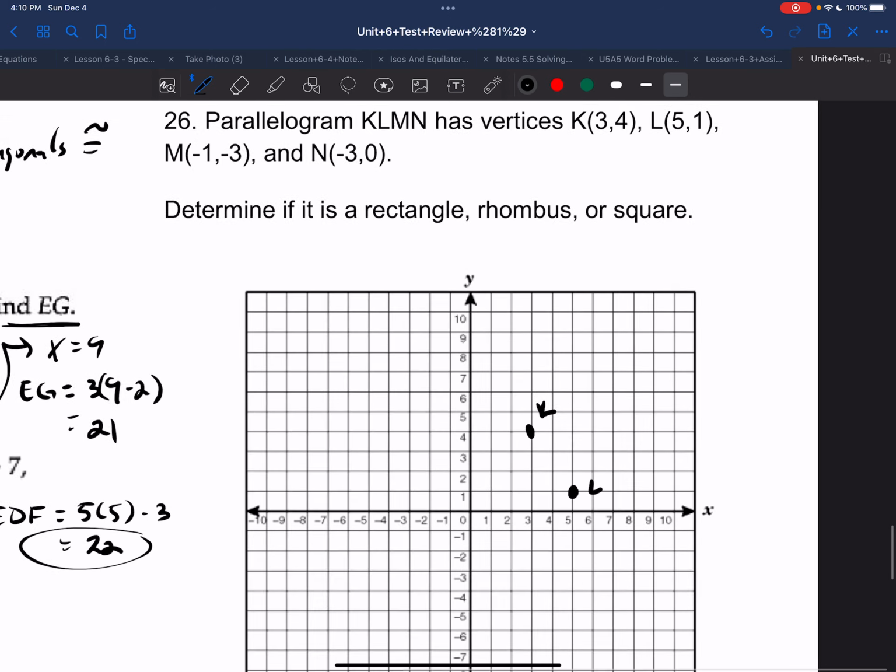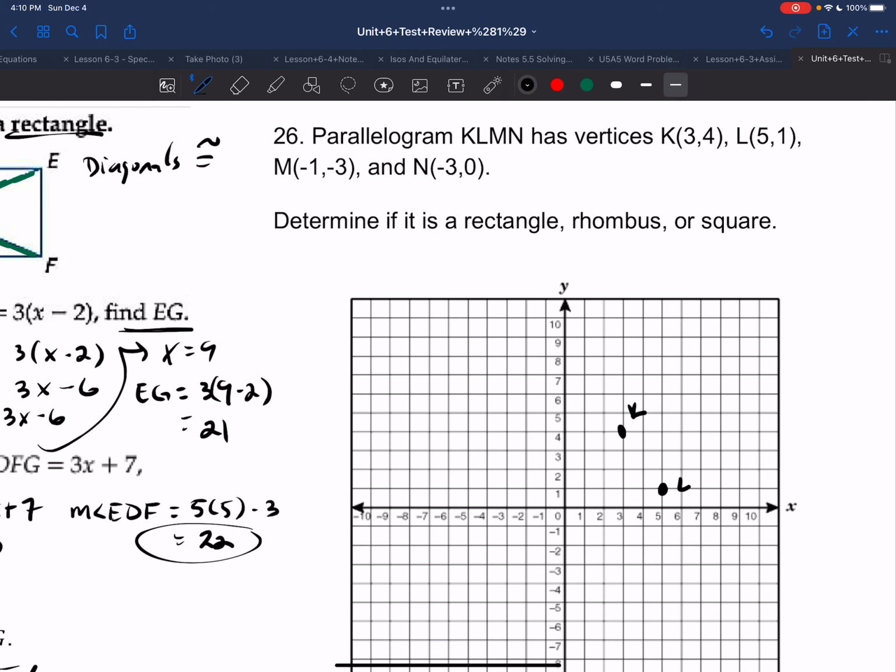Then we have -1 comma -3. And then -3 comma 0. So then I'm going to go ahead and connect these points. And then obviously it looks like a rectangle to you, right? Yeah, I know it looks like a rectangle, but I got to show my work to get all the points I need. So, I'm sorry that you have to do it, but you have to.